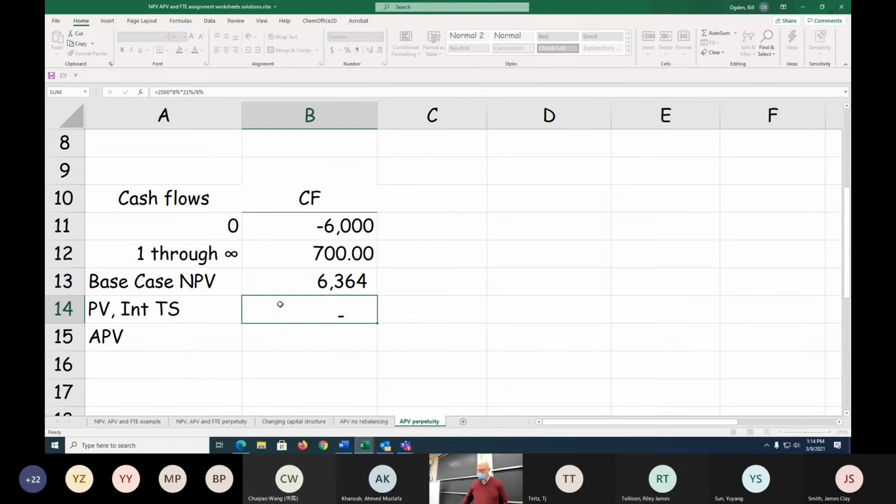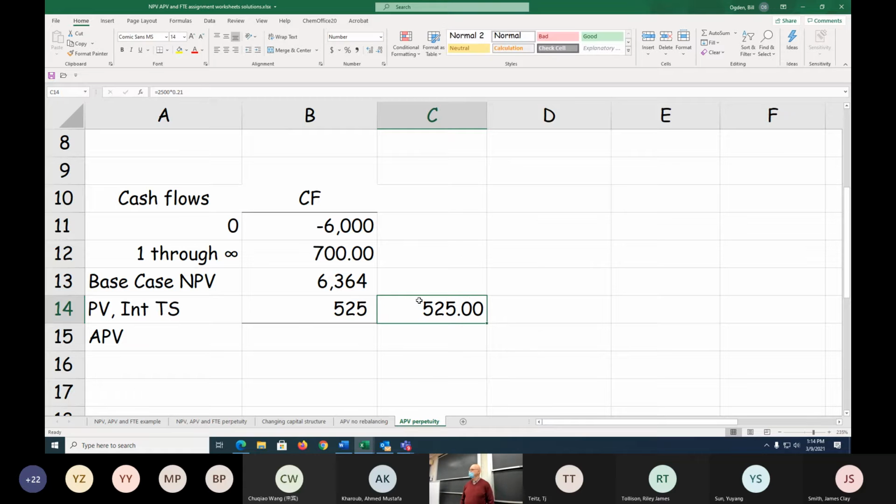Maybe many of you saw that. So if I wanted to, I can just take the debt, which would be 2,500, and multiply it by the tax rate. So if you have perpetual debt and you're not rebalancing, the tax shields are just debt times T, aren't they?